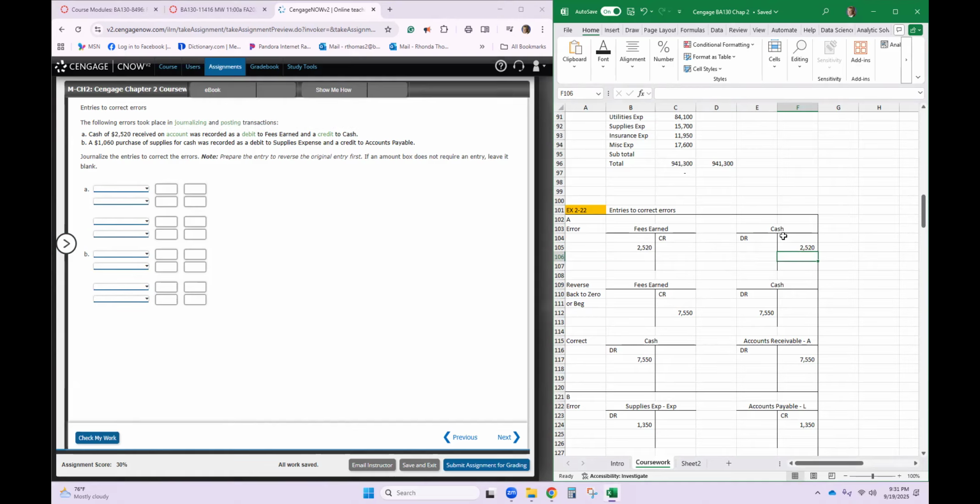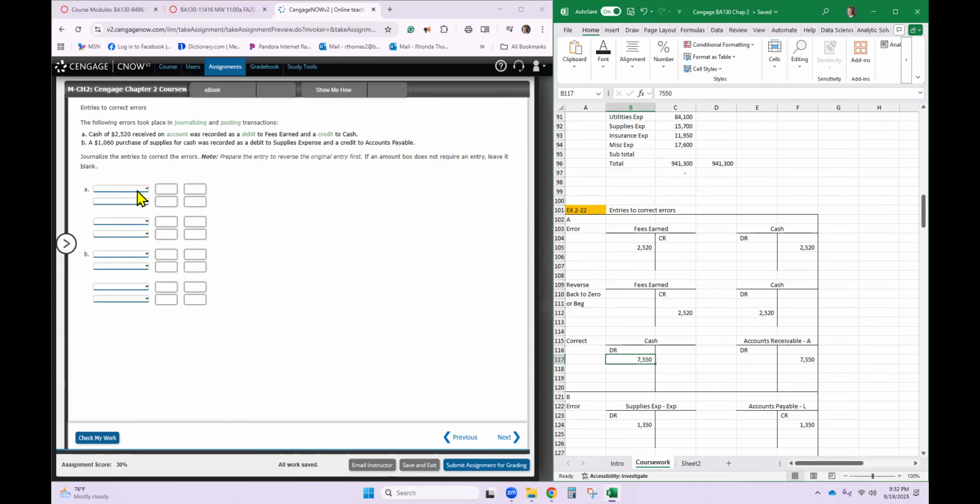So let's go ahead and completely reverse it. I prefer doing it this way anyway, no matter if one is correct, because it's so much better to reverse it completely for the documentation and the paperwork.